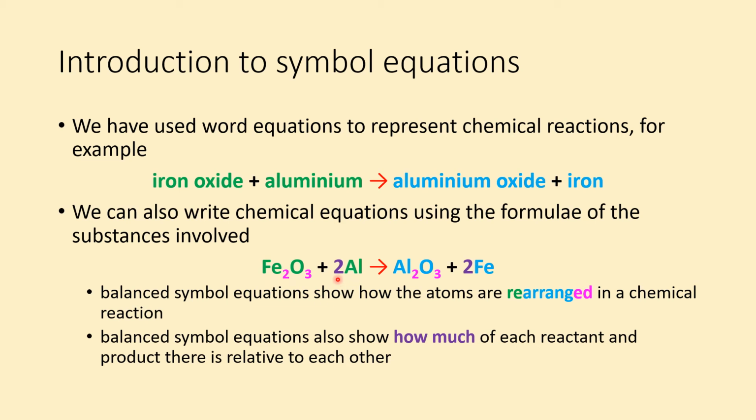So the purple number here and here is showing you that you've got 2 atoms of aluminium and 2 atoms of iron. And the pink numbers down here are showing you how many atoms within that compound. So that's showing you there's 2 atoms of iron and 3 atoms of oxygen. And over on this side, you've got 2 atoms of aluminium and 3 atoms of oxygen.